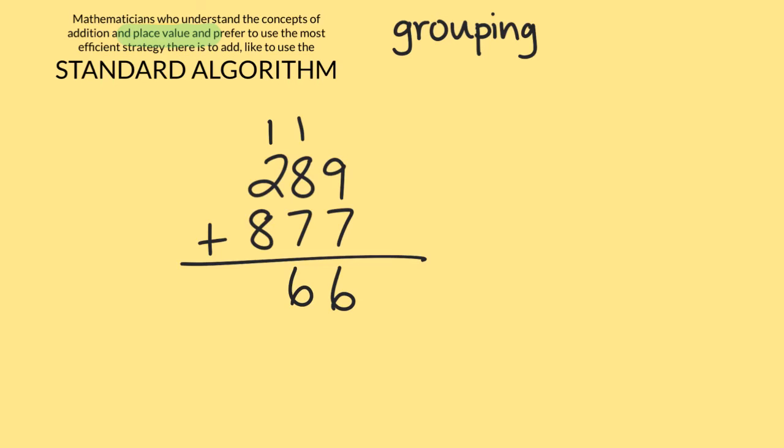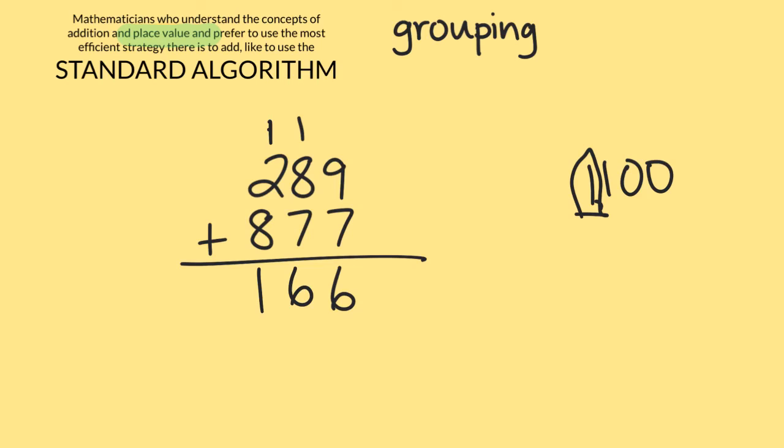Now I'm going to add together 100 plus 200, that's 300, plus another 800 is 1,100. I know that in this number, I have 100, but I have made a new 1,000.